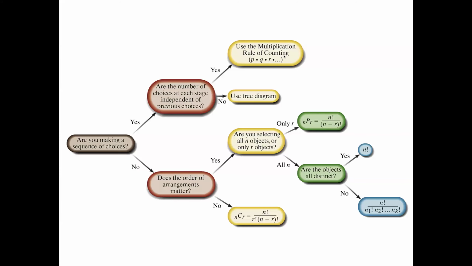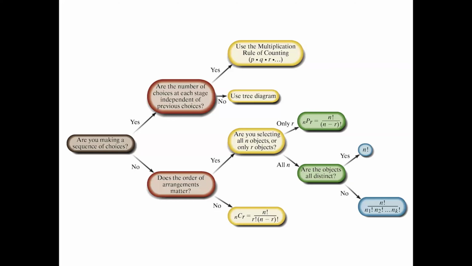This is choosing from a menu of appetizers, entrees, and desserts. If you don't have the menu, you've got to just lay it all out in a tree because you're making a sequence of choices, making choice one, then choice two, then choice three. Okay. And if they're not independent, you just got to try to figure it out as best you can. We did examples of this.